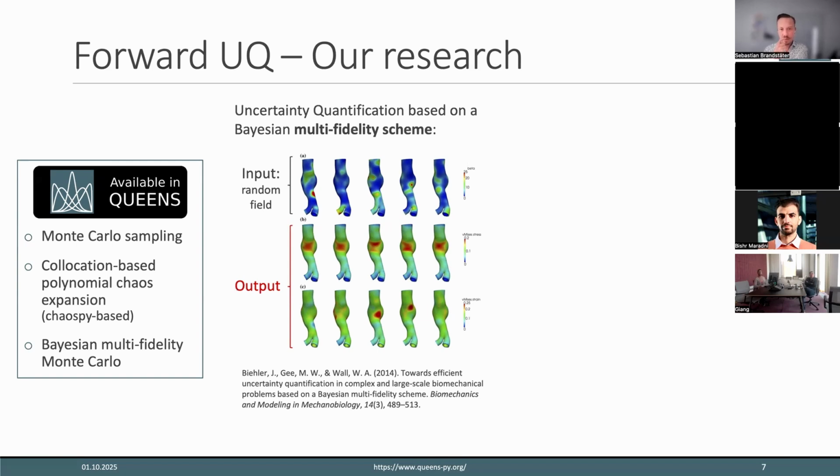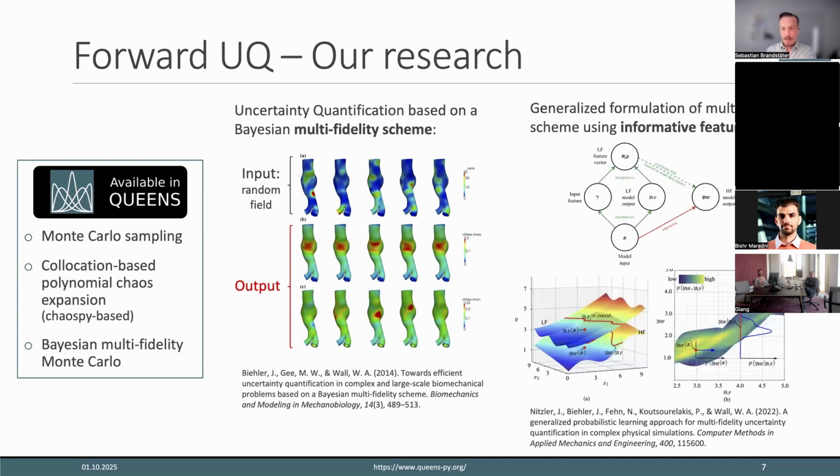So the thickness of this aorta here is randomly distributed, and then you can compute the stress and strain distribution based on these variations of the thickness. And you can see that it substantially influences the results, and you want to quantify the uncertainty because you won't be able to measure the thickness out of the medical imaging data, so you always have some uncertainty in there.